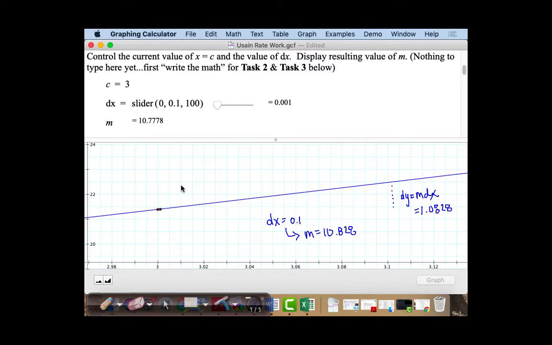So for a 1,000th of a second, he was going at this rate, which is slightly smaller than this by, what is that, 1/20th of a second or something? Or 1/20th of a meter per second, I should say. But as I use larger values for dx, I get slightly larger rates of change.